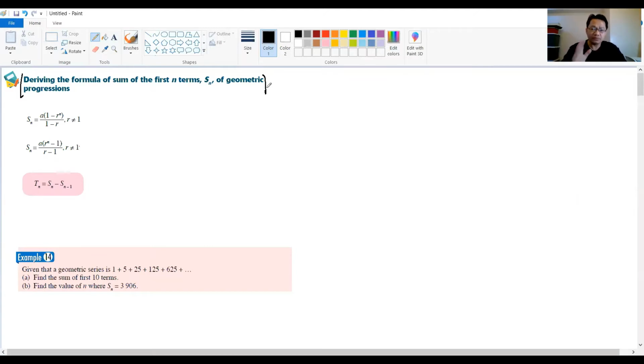Now let's say we have several terms of a GP. When we talk about progression, we are talking about a sequence.